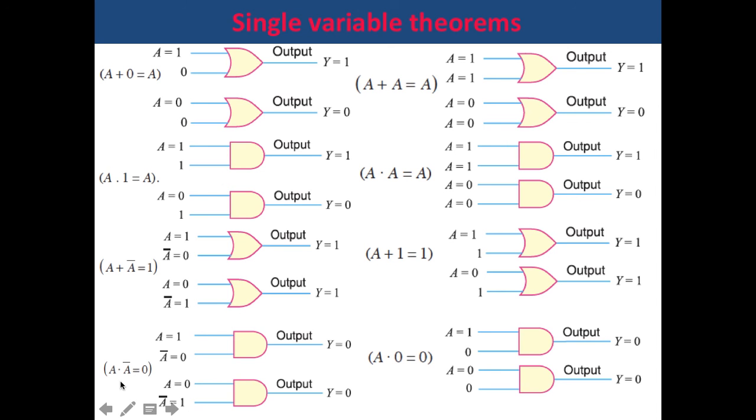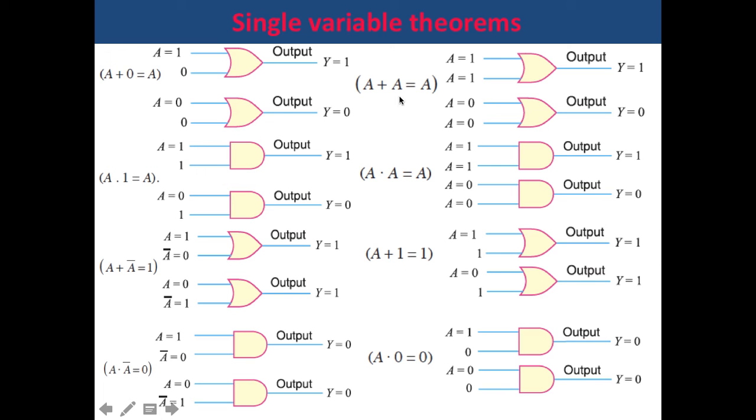Fourth theorem, A dot A bar is equal to 0. If we take A is equal to 1, A bar is equal to 0, A is equal to 0, A bar is equal to 1, and it is dot sign, so we can use AND. So 1 into 0, output is 0, 0 into 1, output is 0.